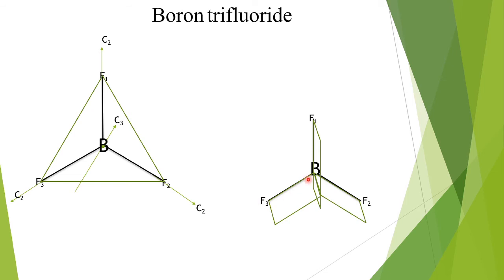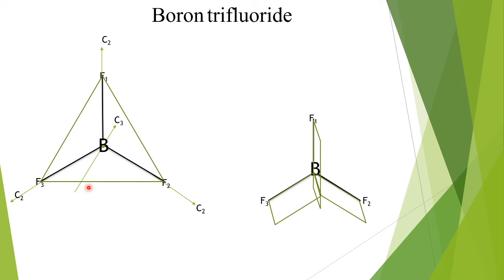And you can see the C3 axis is passing through boron and it is perpendicular to the molecular plane. Okay, and all these planes which I have denoted here pass through the principal axis.